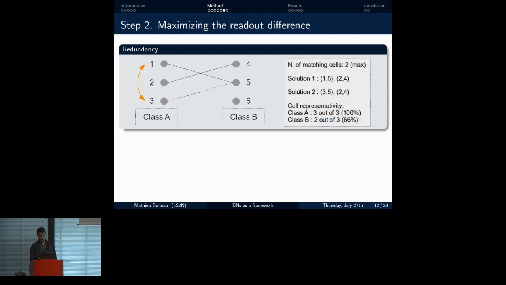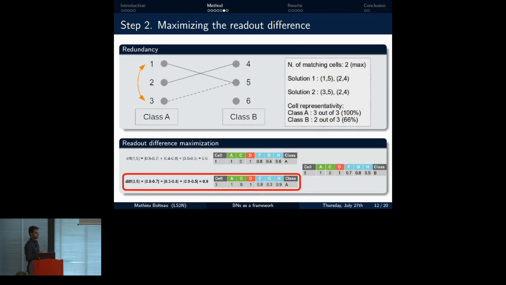We also denote a score, the cell representativity, where for the class A, the two cells that are selected have a representativity of 100% of the total number of cells in the class A. And for the class B, the two cells 5 and 4 represent 66% of the total cells in the class B. Then we search to maximize the readout difference in order to select the best cells among the redundant cells.